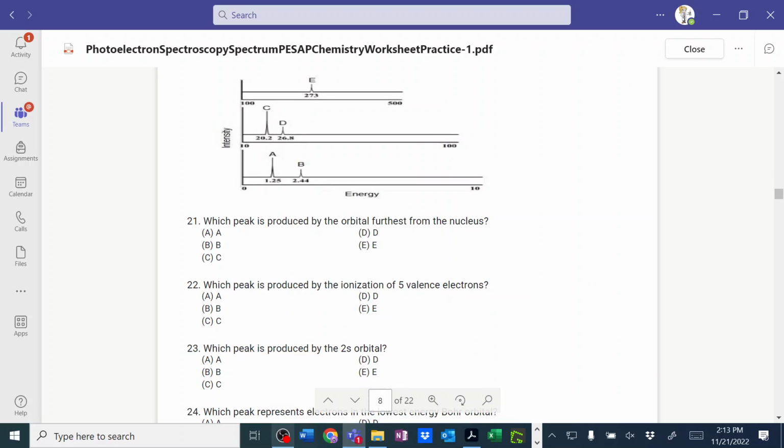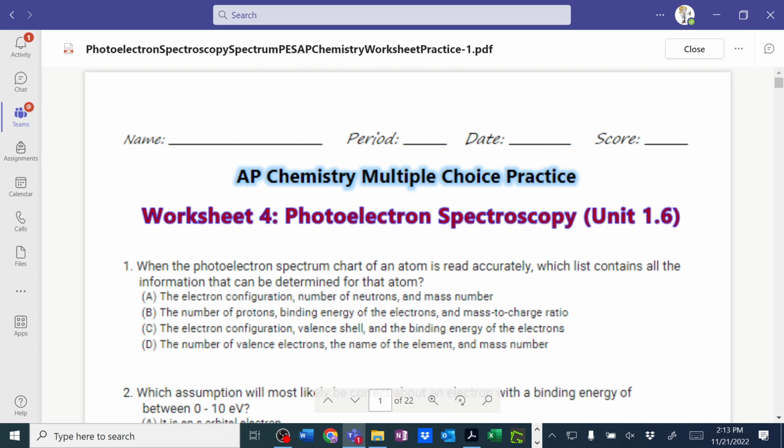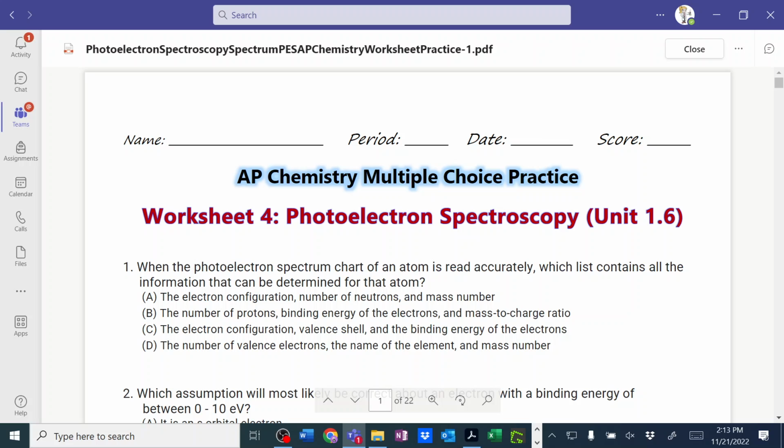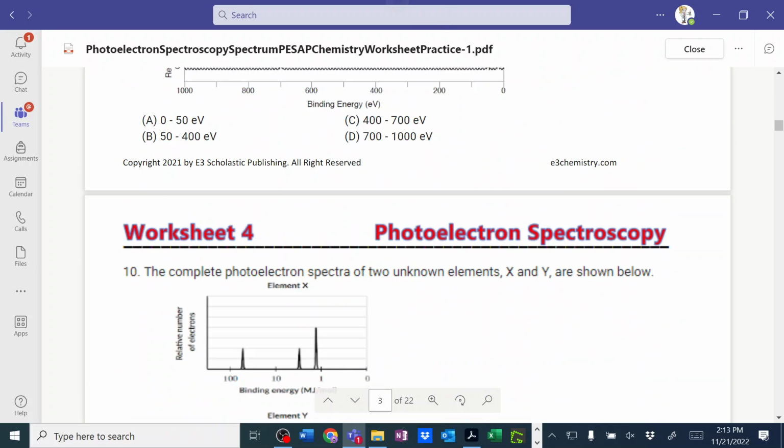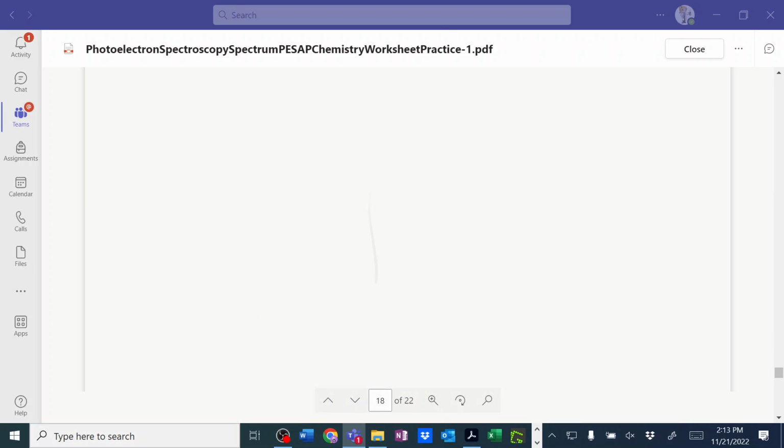Which peak is produced by the ionization of 5 valence electrons? I'm going to guess A. Am I right? Okay, and the reason I'm guessing A is that I know that they come in groups of either 2, if it's a full S subshell. And then I'm looking at these ones and I'm like, this peak C looks. Okay, sorry.